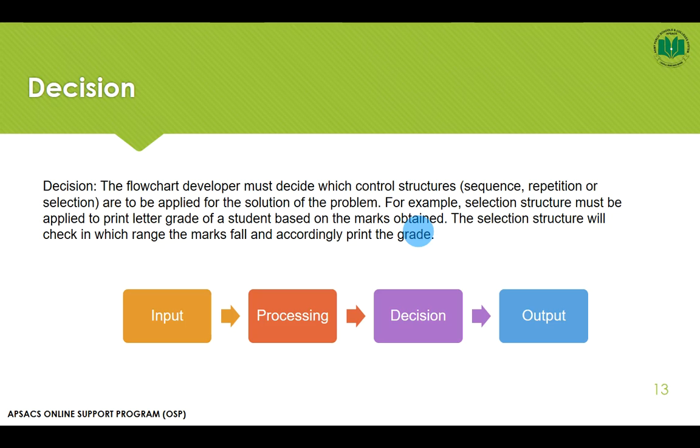This is a simple implementation of a selection structure. If you have provided the right email and right password, then you are eligible, otherwise it will give an error message.